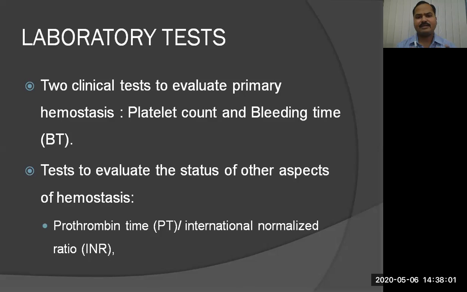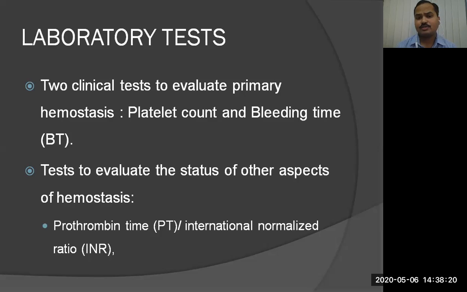Then, if we come across any such patient, what laboratory tests should we advise to come to a conclusive diagnosis? The two basic tests to evaluate primary hemostasis are platelet count and bleeding time.